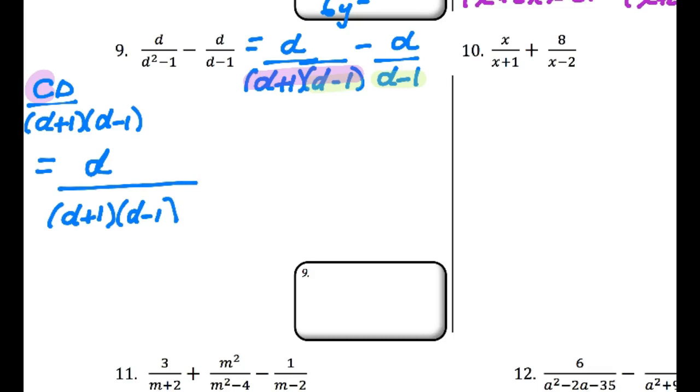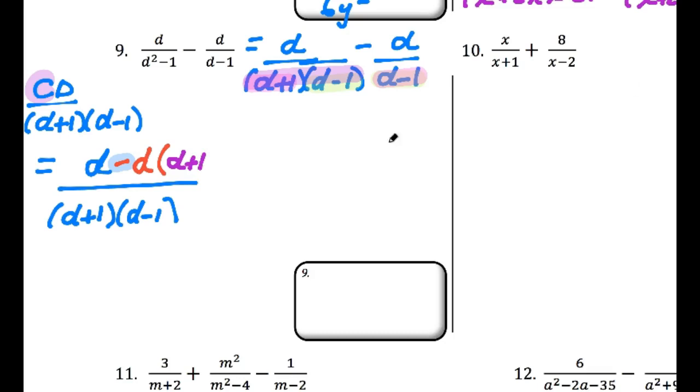Now if you look at the second fraction here, the d minus 1 is missing the d plus 1. So we're going to subtract here. You're going to minus d, and you're going to have to multiply that top by d plus 1.